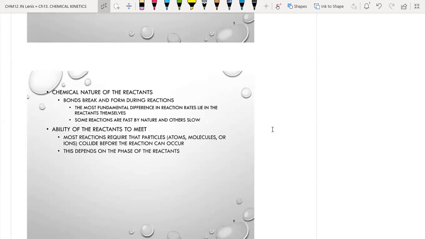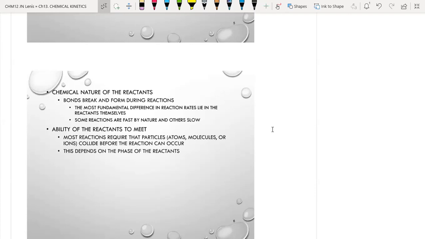Like, for example, sodium. The reaction between sodium and water is a very fast reaction. If we compare the reaction of sodium with potassium, both sodium and potassium belong to the first group of the periodic table.